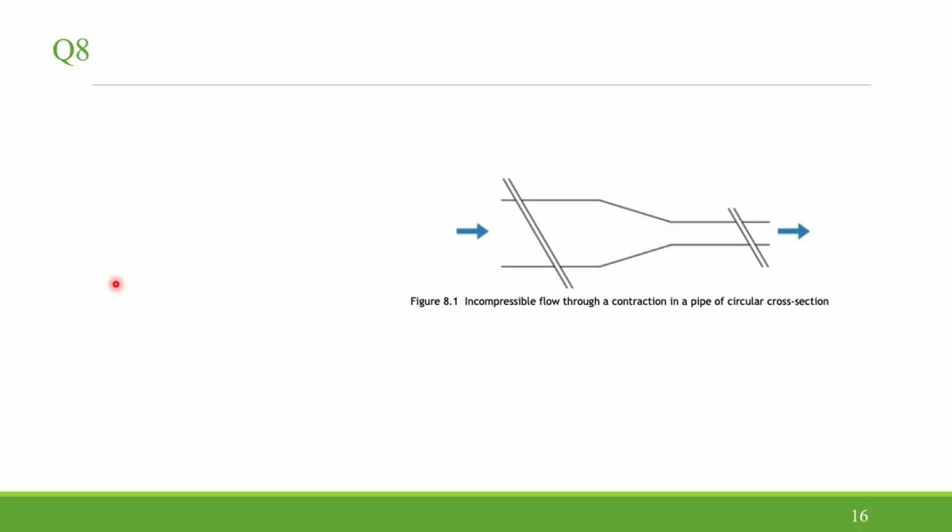Now again we are going to question 8, and in question 8 we have a problem from the same figure, and what is being asked is incompressible flow through a contraction in a pipe of circular cross section. Same figure. Now we will read the question.